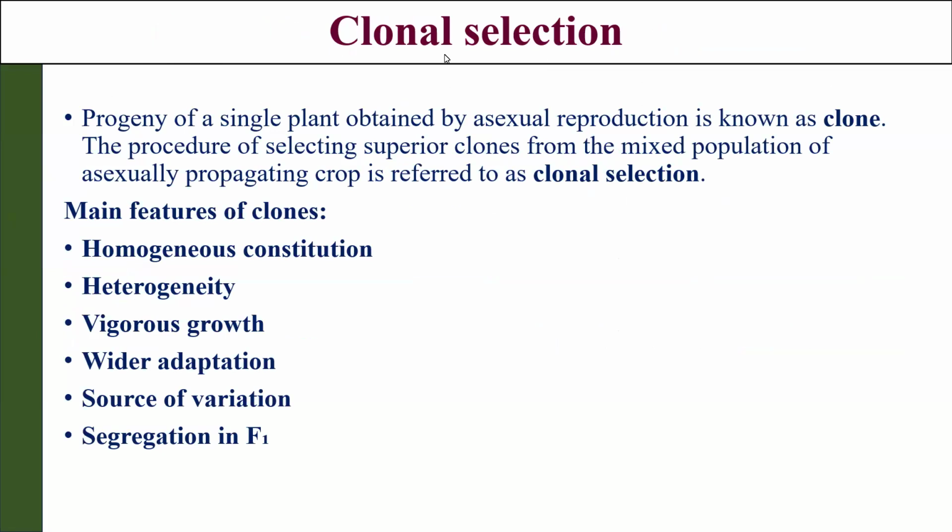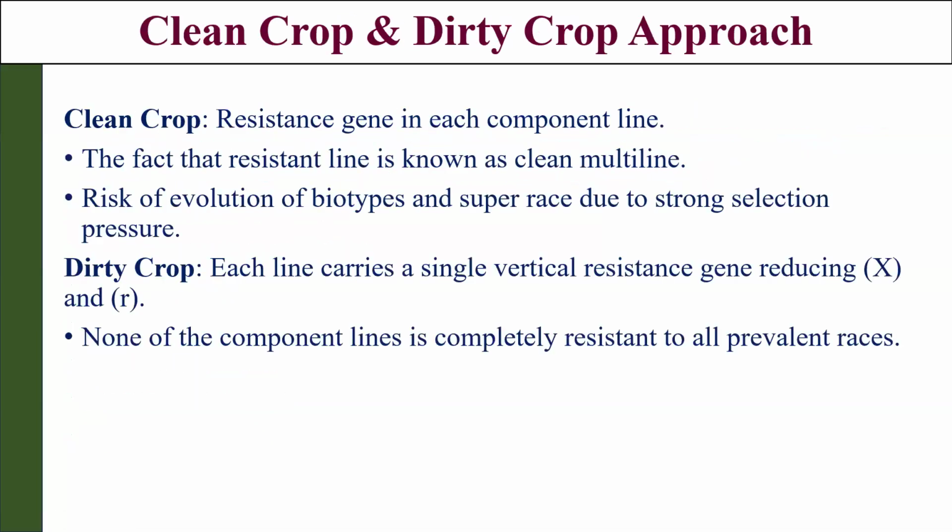So both mean the same, clean crop and dirty crop? In a clean crop, a line has all the resistance. For example, you have 20 different races in the particular area. You stack all 20 genes into all the lines of your multiline, that is, all the population of your multiline.